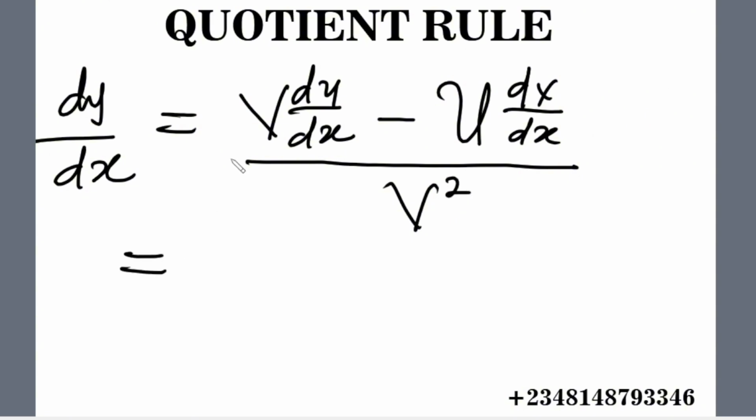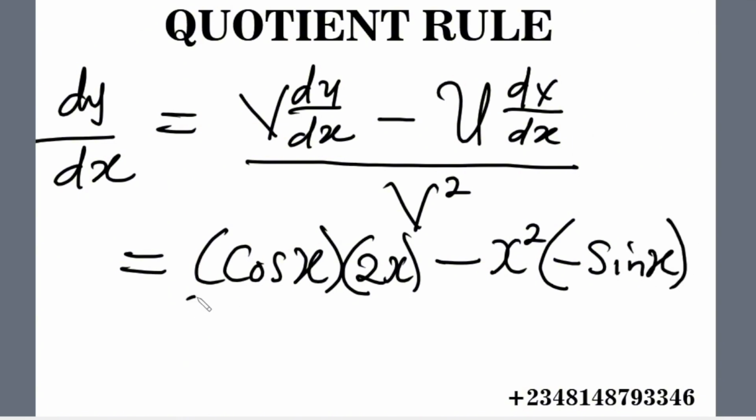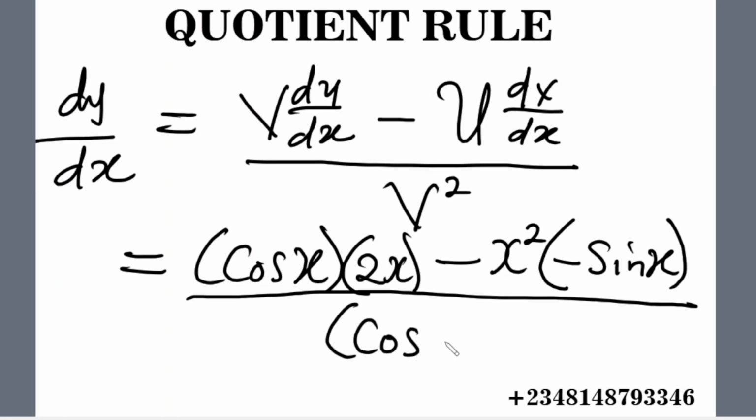Now substituting into the equation, we have our v is cos x multiplied by du/dx, which gave us 2x, minus u, which is x squared, open bracket, dv/dx gave us negative sine x, close bracket, all over v, which is cos x all squared.